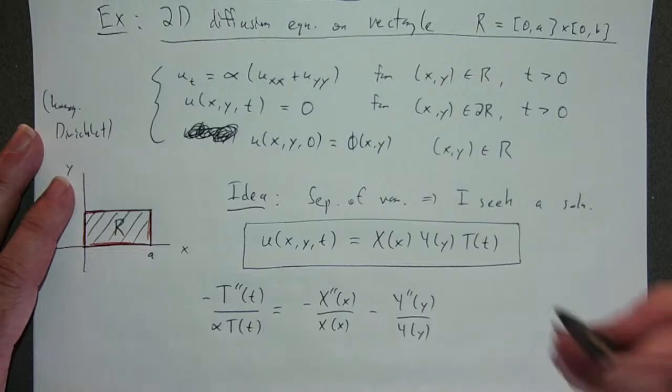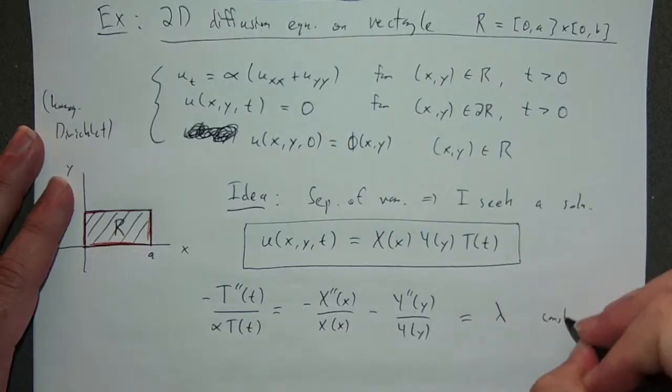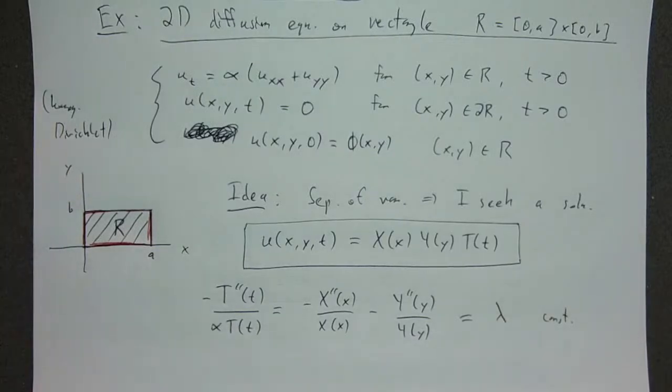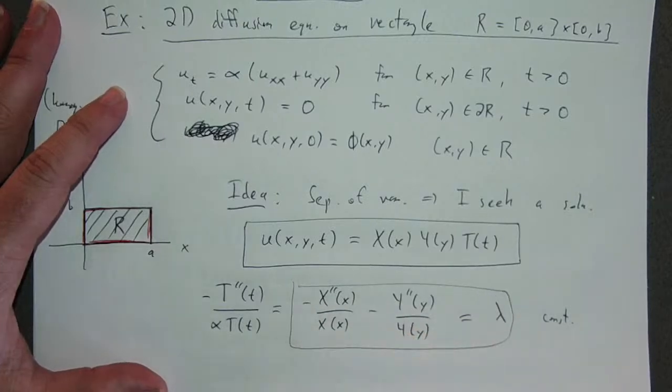Both of these expressions must be equal to a constant, just like I did before. Okay, so both of them are equal to a constant, lambda. But now I want to consider this part separately.